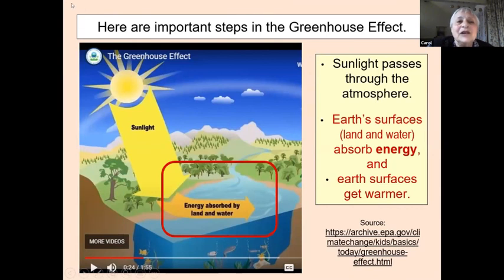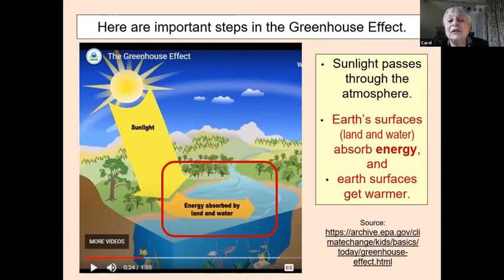Well, if we go to a wider look at the earth, we have sunlight that is coming, and very importantly, a bunch of that sunlight is absorbed by land and water, by my driveway, by my sidewalk, by my lawn, by my roof. You can probably figure that Lake Michigan actually gets warm in the summertime.